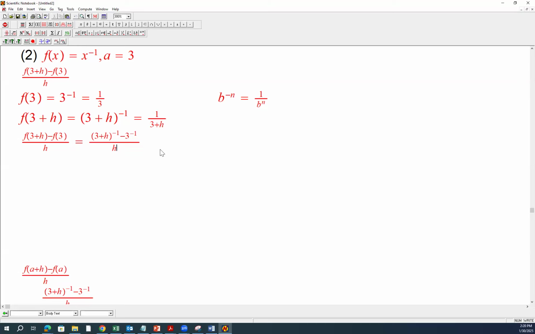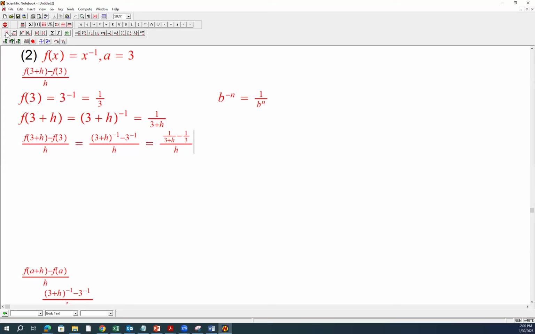Yes, we can, but most of us are probably more familiar with the fraction form, where 3 plus h is raised to the power negative 1 written as a fraction. If you want to do that, perfect, no problem. I believe that's probably most of us.